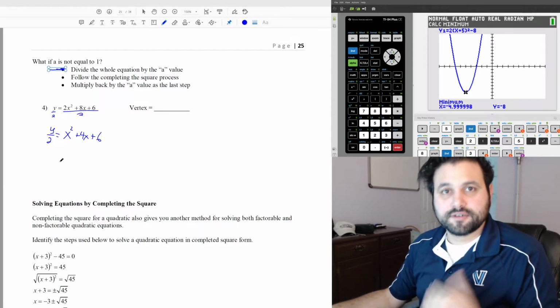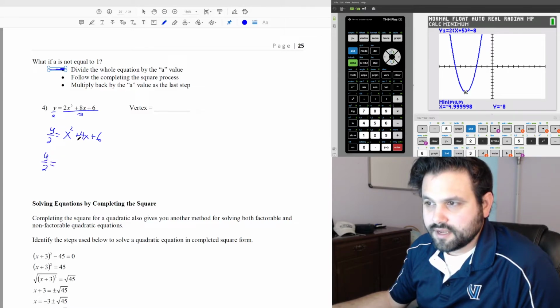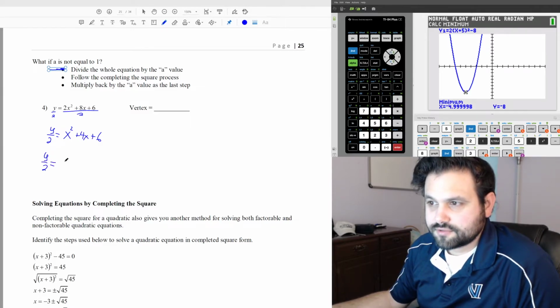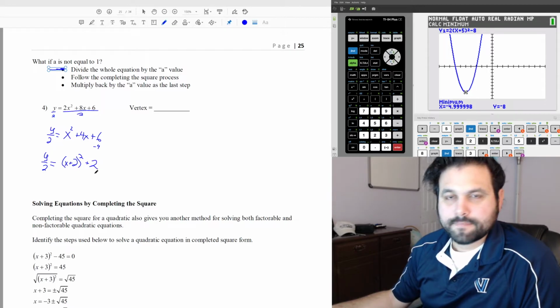Now from here I'm going to do the completing the square. So I still have y over 2 equals, and I'm going to just complete the square here. So the b value is 4. So that's x plus 2 squared. 2 squared is 4, so let's subtract 4 off of this. That would give me +2. Okay, completed the square.